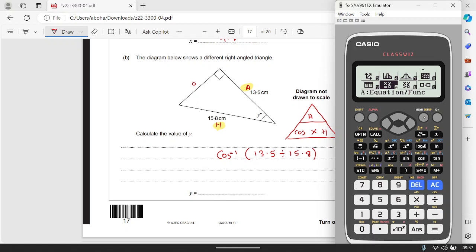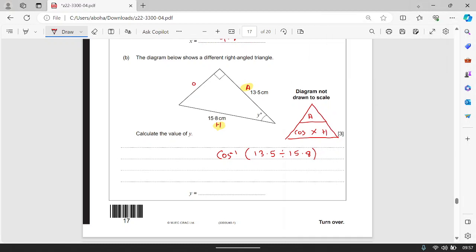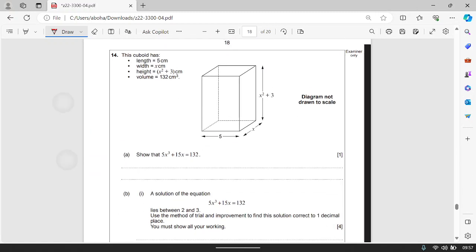Menu, back to 1. So we're going to go shift cos 13.5 divided by 15.8, and that's the answer, 31.3 degrees.